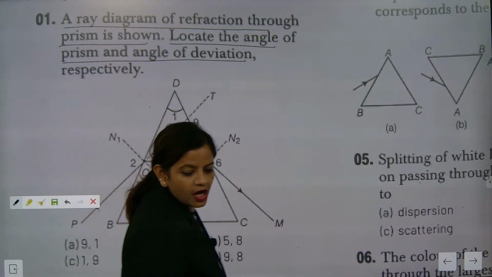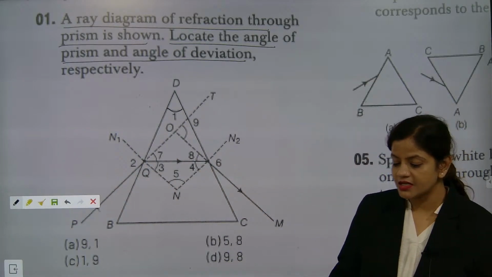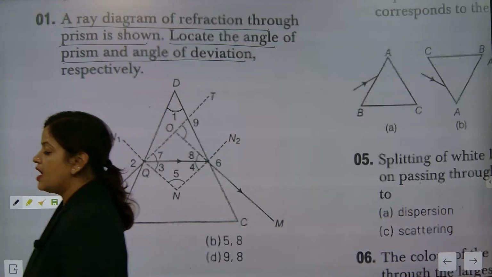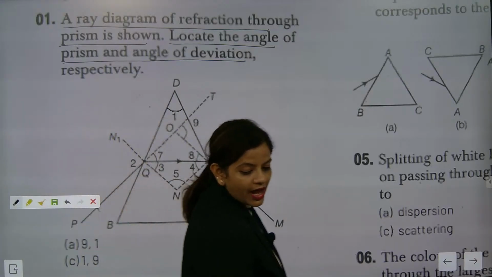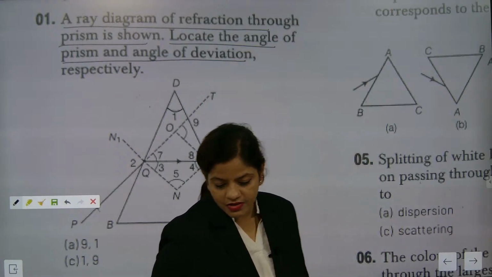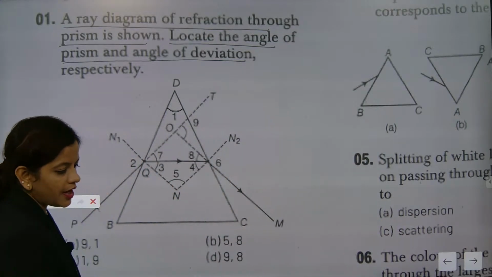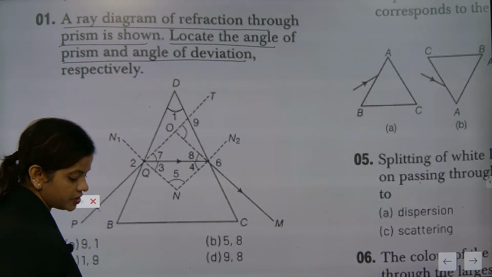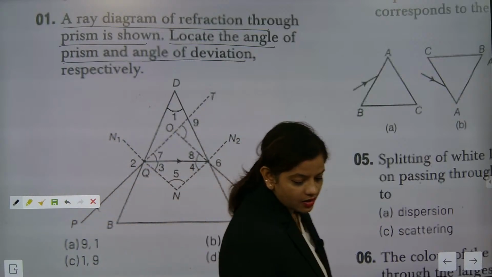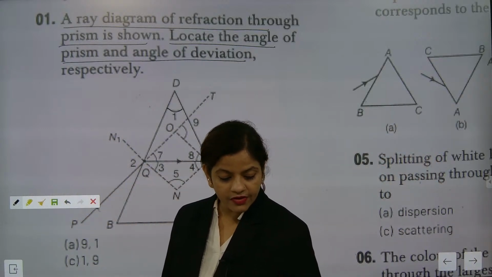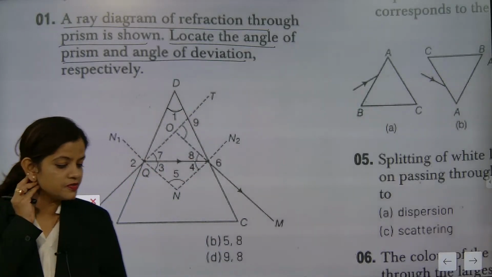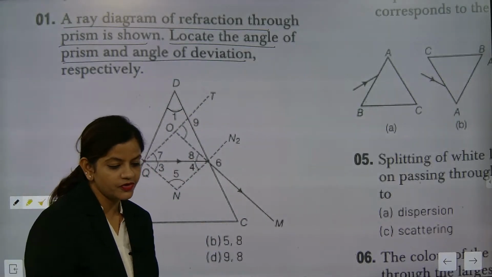Come on, go for it. How many of you are present? Start answering the question. Angle of prism and angle of deviation, beta. I'm giving you sufficient time.